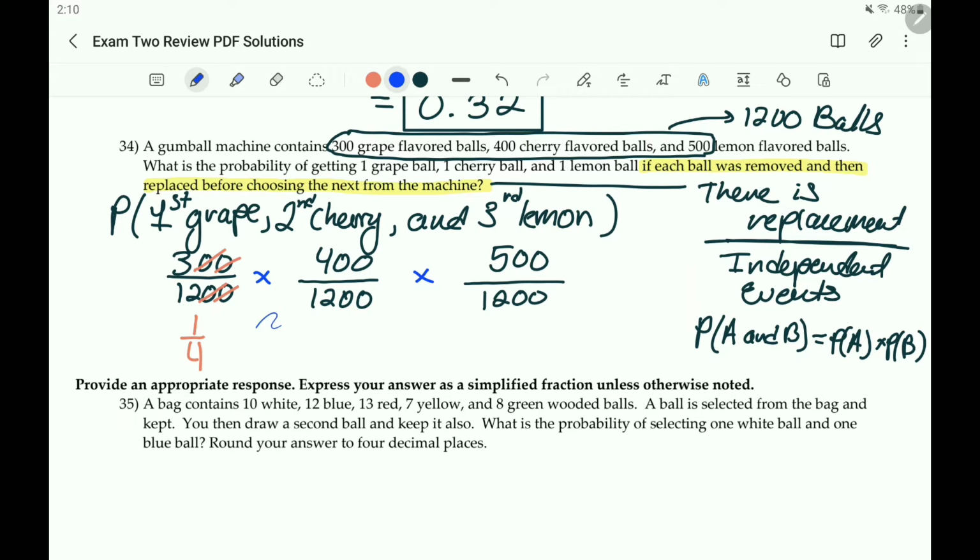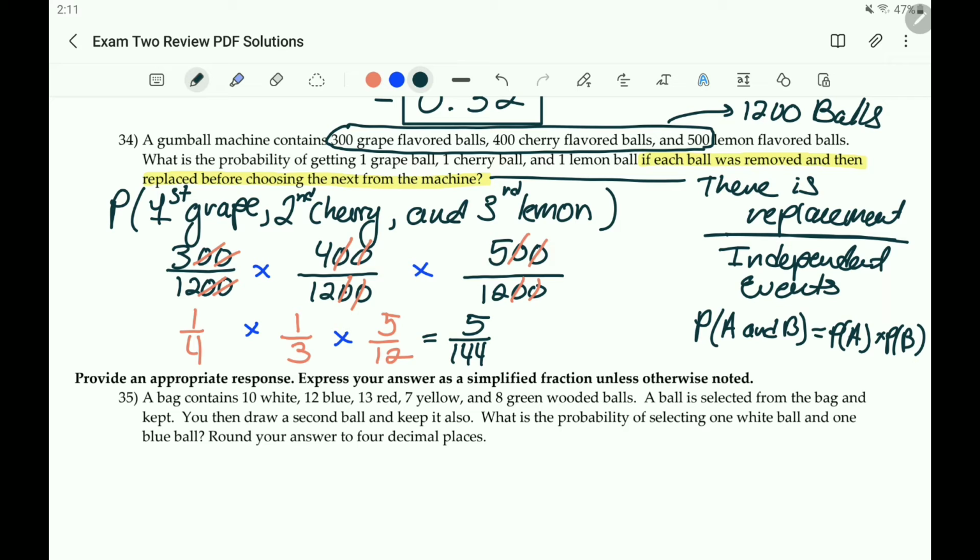Times, once again, the zeros at the end can simplify out. 4 divided by 12 is 1/3. And then same thing for the last one. The zeros can divide each other out. 5 over 12 can't be reduced, so leave it as 5 over 12. And when we multiply everything, top times top, bottom times bottom, that's going to be 5 over 144.